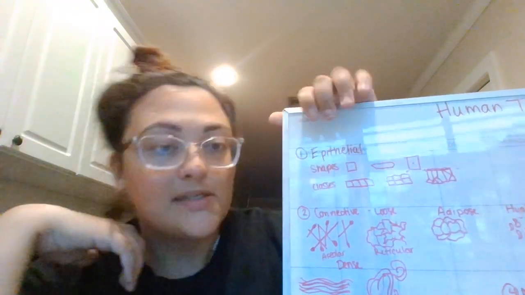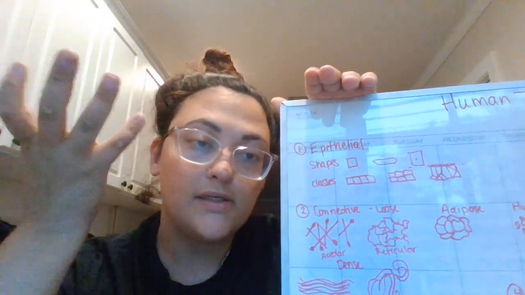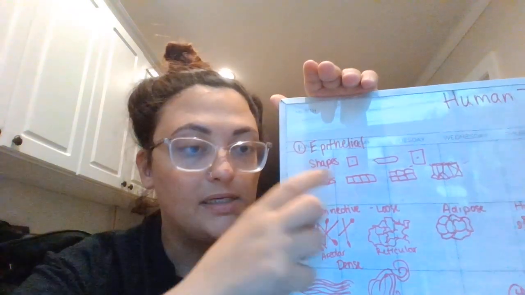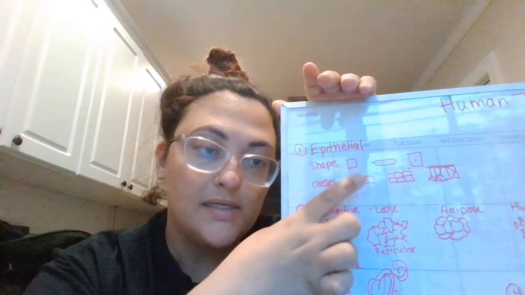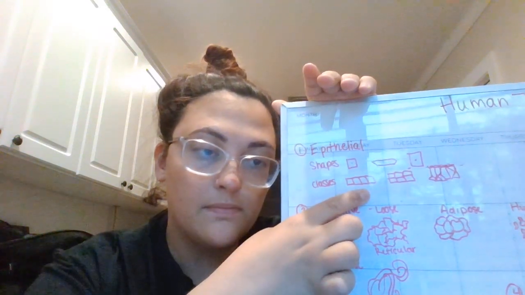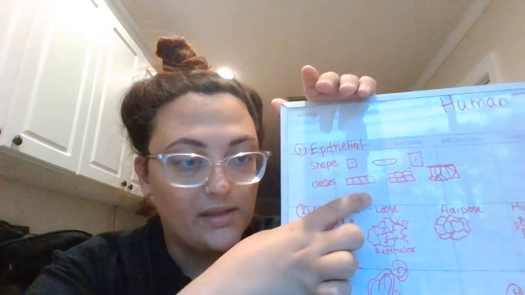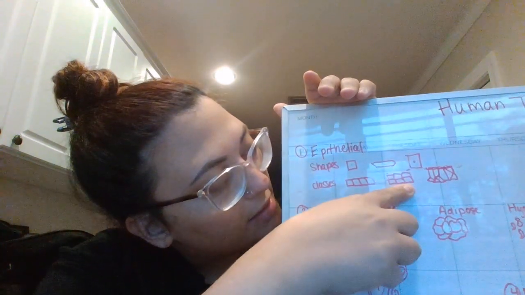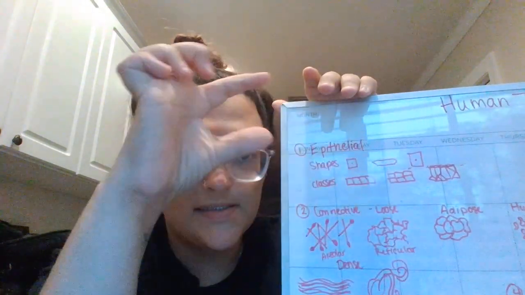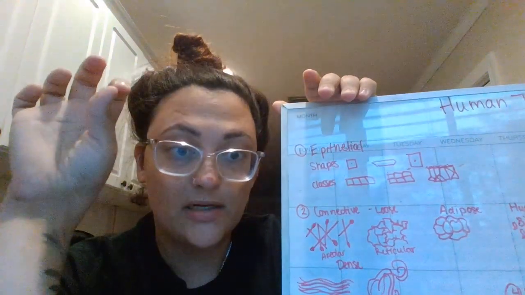And then there are different classes of epithelial tissue. This right here is simple epithelia. This is stratified, which means many layers.